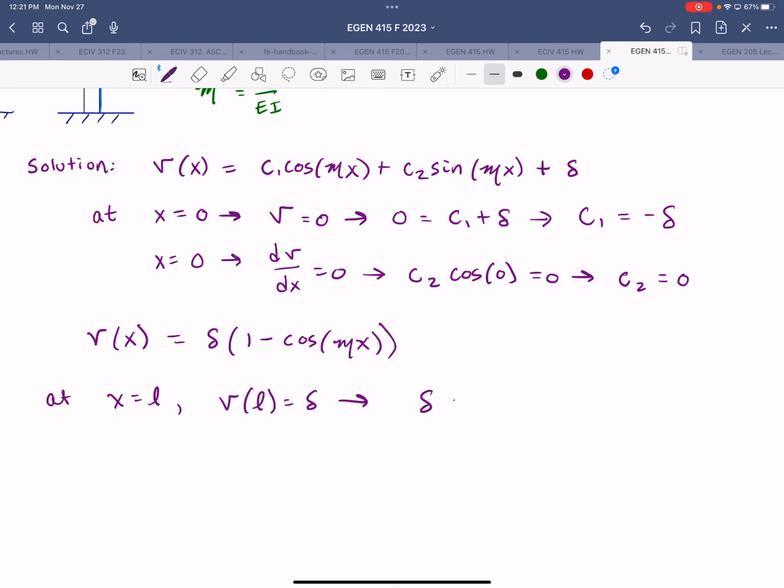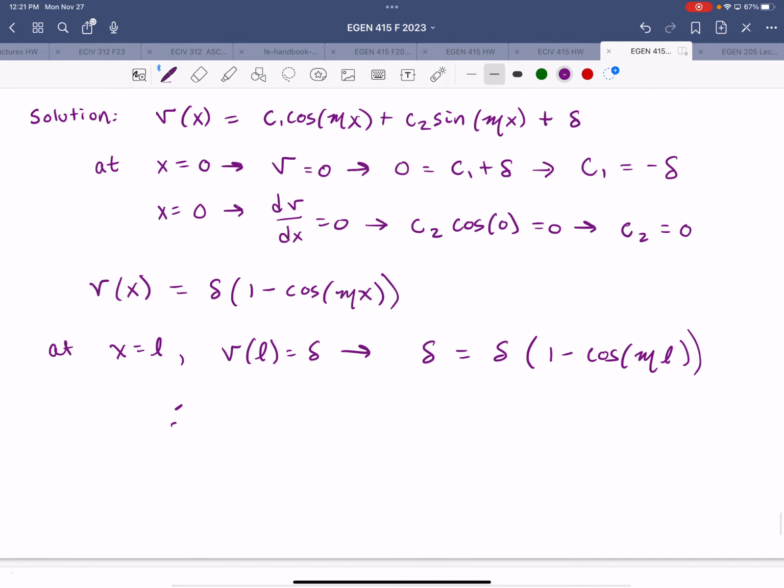So that means delta is equal to delta times, in parentheses, 1 minus cosine of lowercase mx, where I'm going to go ahead and substitute L in there, so lowercase ml.